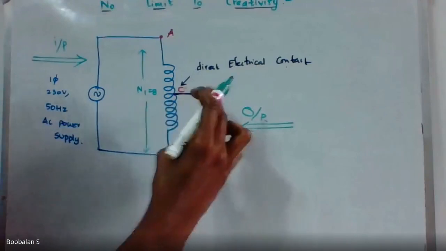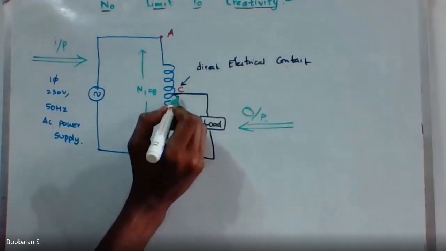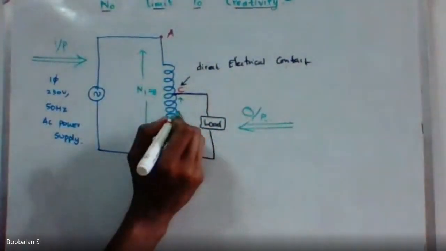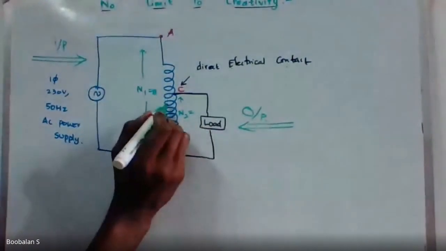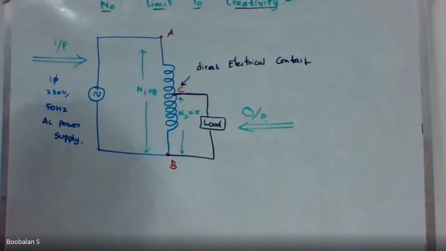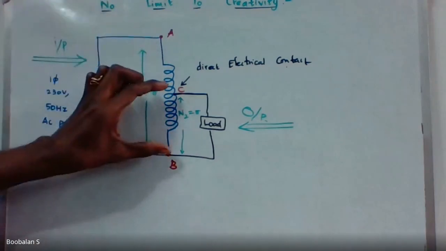So on my secondary side I'm connecting the load across this portion of the winding. This is n2, because I'm getting output from this portion alone. So n2 is now 1, 2, 3, 4, 5. I'm going to take 5 turns as the output. So n1 is 8, n2 is 5, and A to B is now the primary side, B to C is my secondary side.